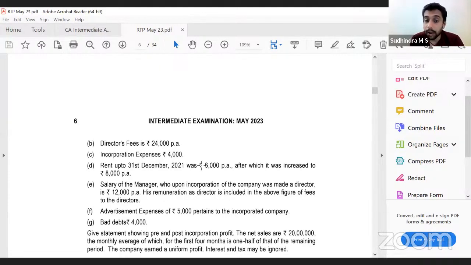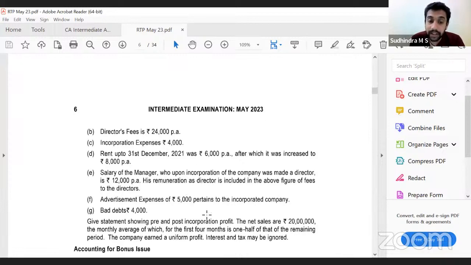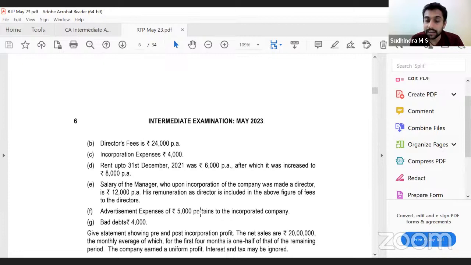Salary of the manager, who upon incorporation was made a director, is rupees 12,000 per annum. His remuneration as director is included in the above figure of fees to the directors. Advertisement expenses of 5,000 pertain to the incorporated company. Bad debts 4,000 rupees. Give a statement showing pre-incorporation and post-incorporation profits. Net sales are 20 lakh rupees, the monthly average of which for the first 4 months is one half of that of the remaining period. The company earned a uniform profit. Interest and tax may be ignored.